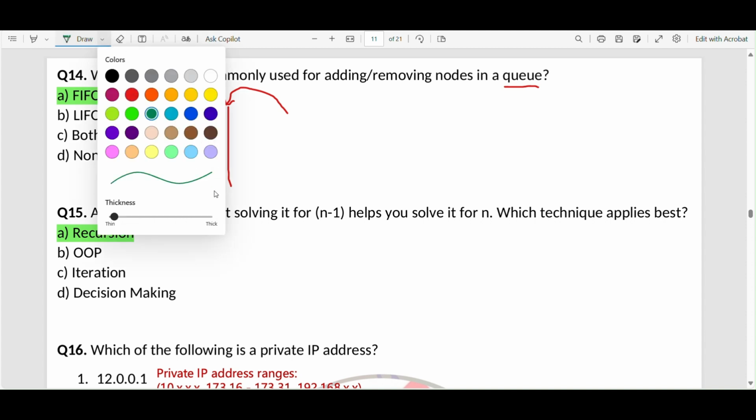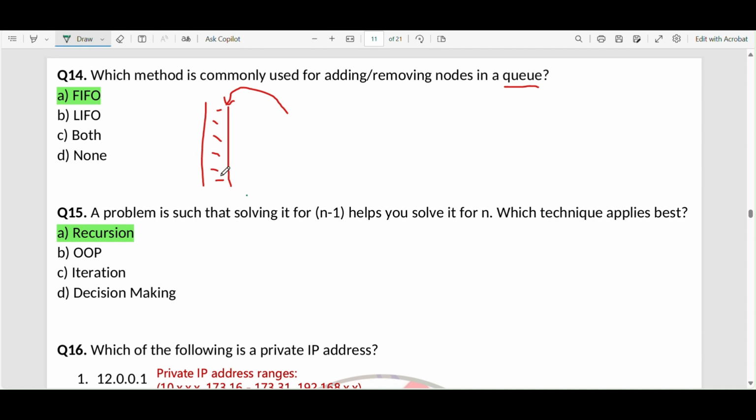This one will be the firstly entered item into the queue, so that will be exited first. That means first entered will be first exited, that means first in, first out. This is a method commonly used for adding or removing nodes in a queue. I hope you understood this too.